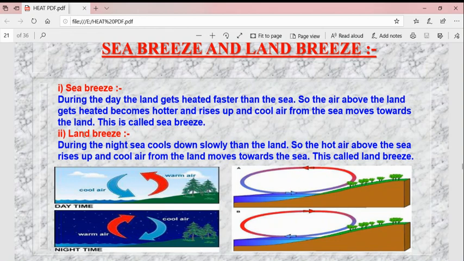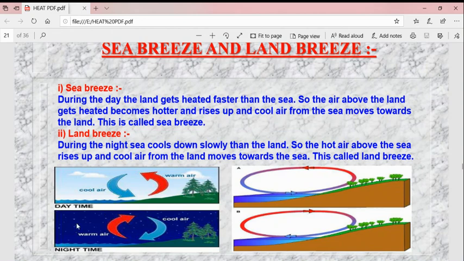Next, the land breeze. During night time, the land gets cool very quickly, and the sea has warm air, because the sea takes more time to cool and remains hot. So air above the land is cooler than the air above the sea.